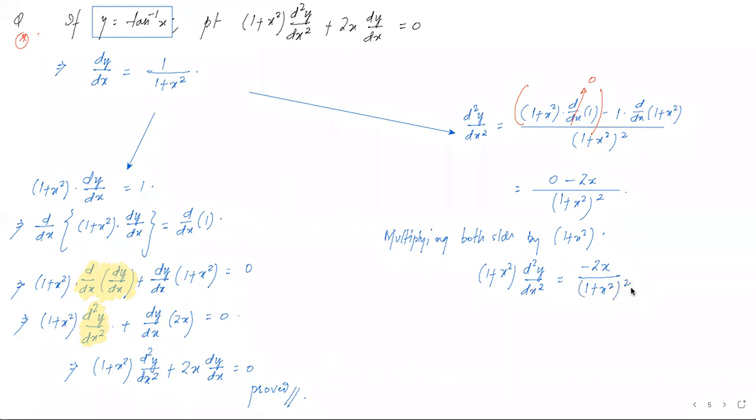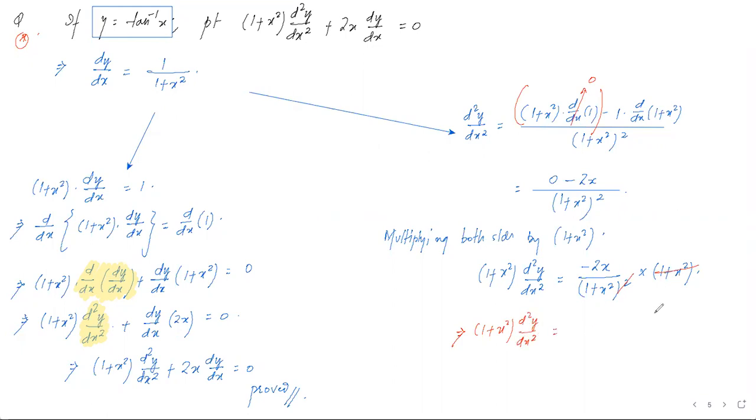So we are multiplying 1 plus x square on both sides. Left hand side becomes 1 plus x square d2y by dx square. Right hand side में जो हमारा term था उसके साथ हमने 1 plus x square multiply किया. So denominator का square cancelled and this term got cancelled. We have 1 plus x square d2y by dx square.